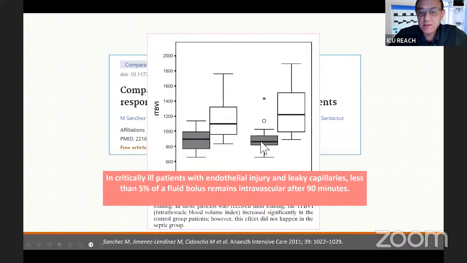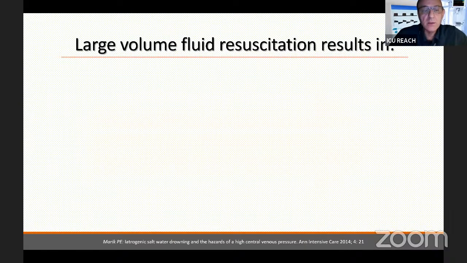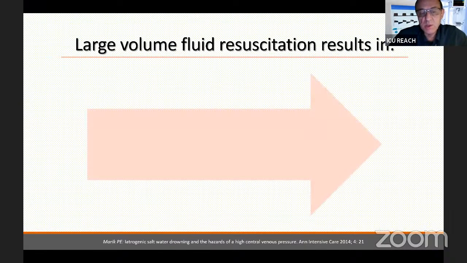In the study, it showed that in those patients with endothelial injury and capillary leak, less than 5% of fluid bolus would remain intravascularly after 90 minutes. What does that mean? It means that we're going to have tissue edema. Those patients will end up with severe tissue edema.